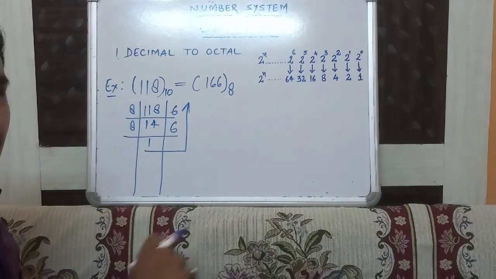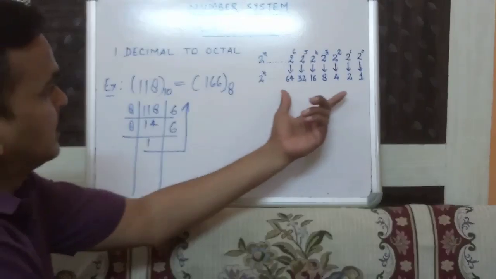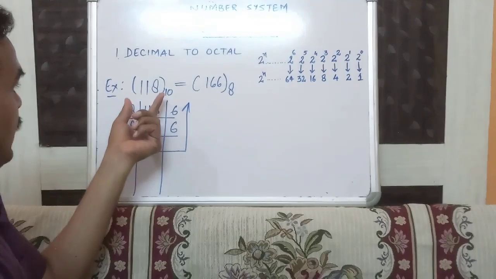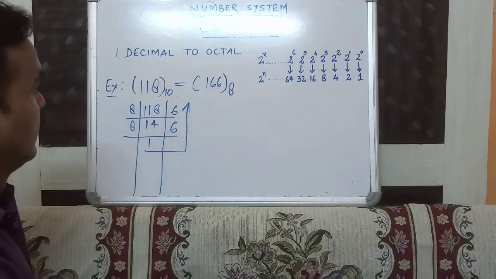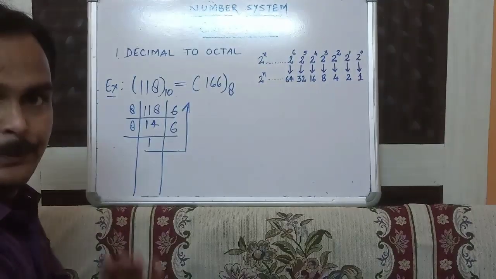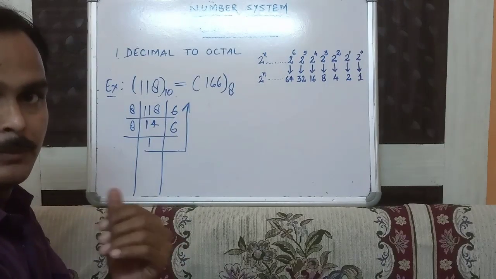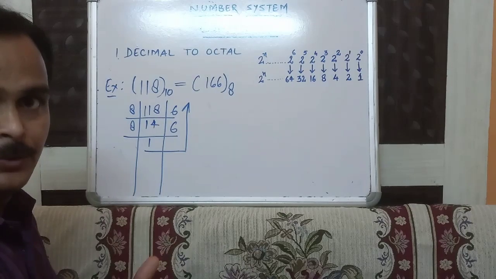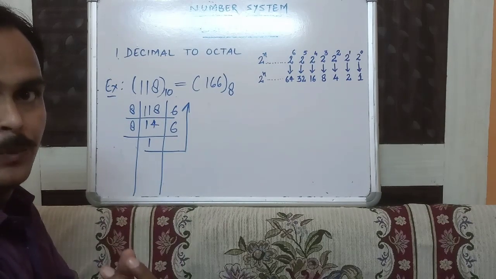First we have to find how many numbers we have to add to get this number, and we put 1 for the numbers which are used, and 0 for those which are not used.